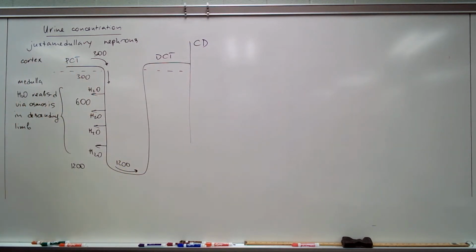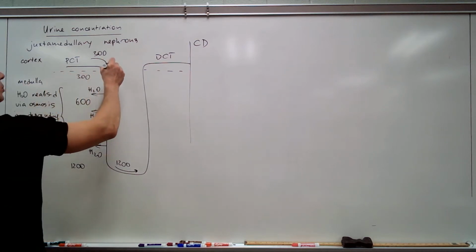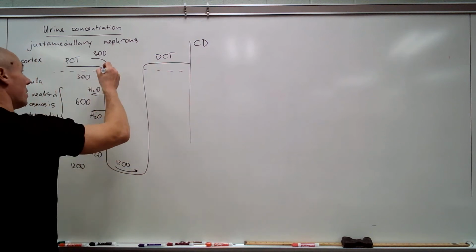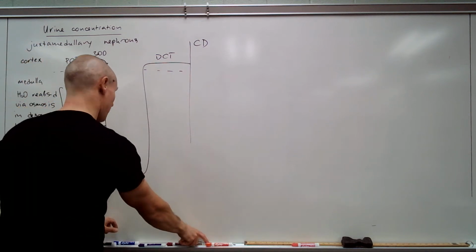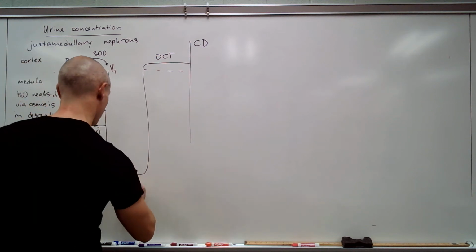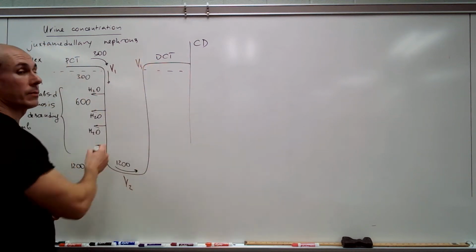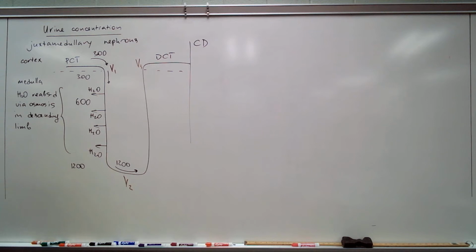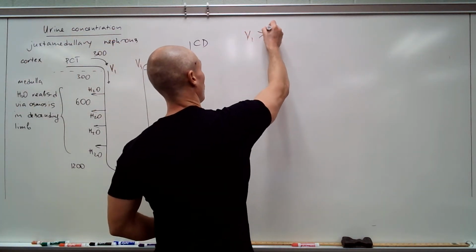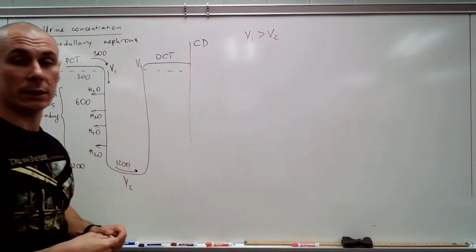The highest concentration. Now what happens to the volume of the filtrate? It would be decreasing. Yes. So I'm going to use a different color just to highlight. This is V1 here, okay? This is V2, and this is V3. Does that make sense? So we can write down that V1 is more than V2. Am I clear?